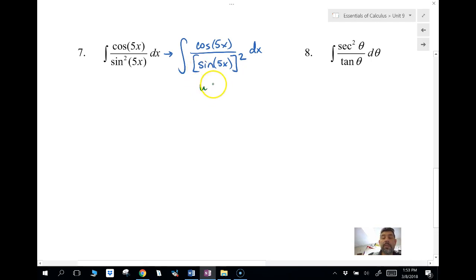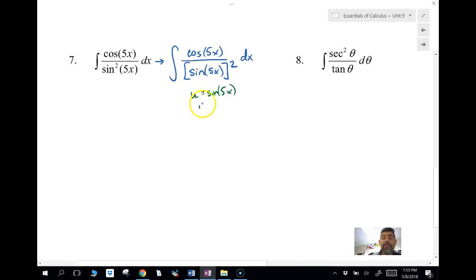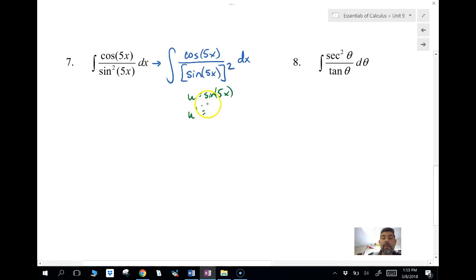Let's say that u is sine of 5x. Then the derivative of that, u prime, is going to be 5 times cosine of 5x. That's good. Cosine of 5x is what we want for our hook. We already have it, so we just need a 5 to finish off our hook, which means we need a 1/5 there. All right, perfect.